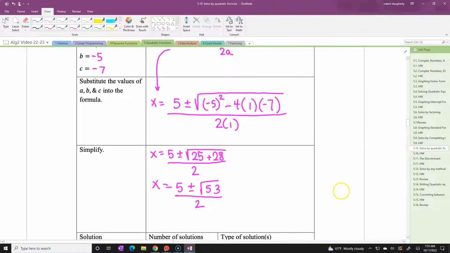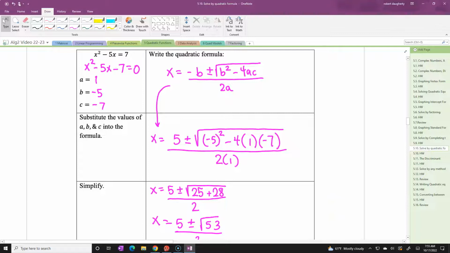Now, another way that I said people will often approach this problem is they will first start with, say, b squared minus 4ac is equal to negative 5 squared minus 4 times 1 times minus 7. That's equal to 25 plus 28, which is 53.